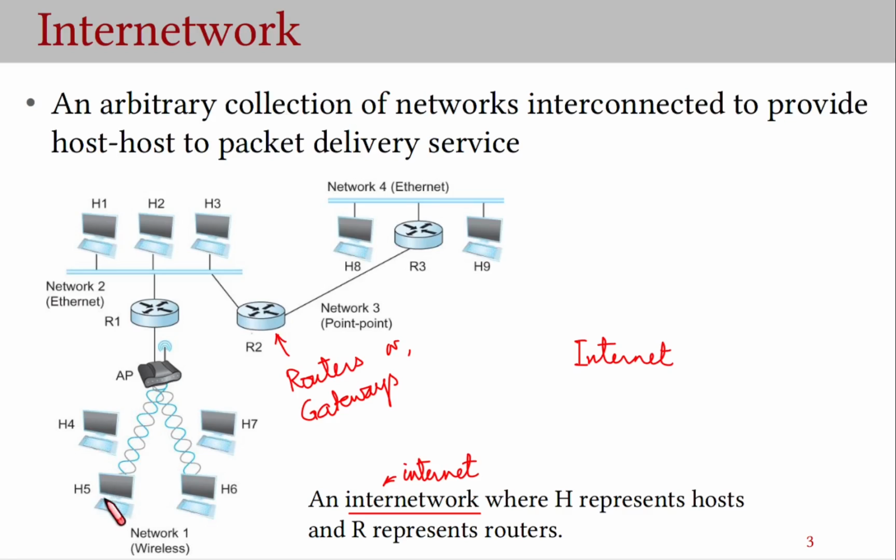Suppose now these hosts H5 and H8 want to communicate, so they want to share files or something. The connectivity between H5 and H8 is through this AP, through router R1, then through router R2, and finally through router R3, going back to network 4, and finally to H8.